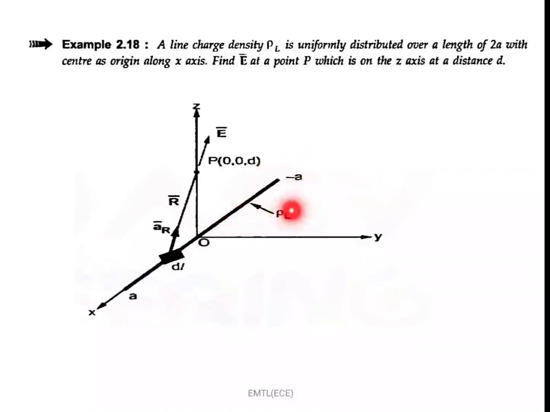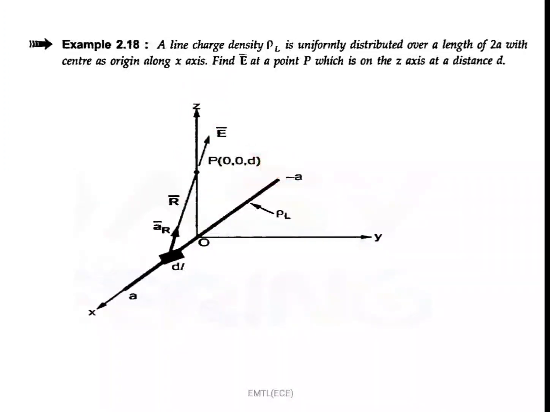Now the linear charge density for this charge is indicated by the letter rho L, and the distance between the differential length and the point is capital R. Now we have to find the point P, that is at a distance d from the origin along the z-axis.